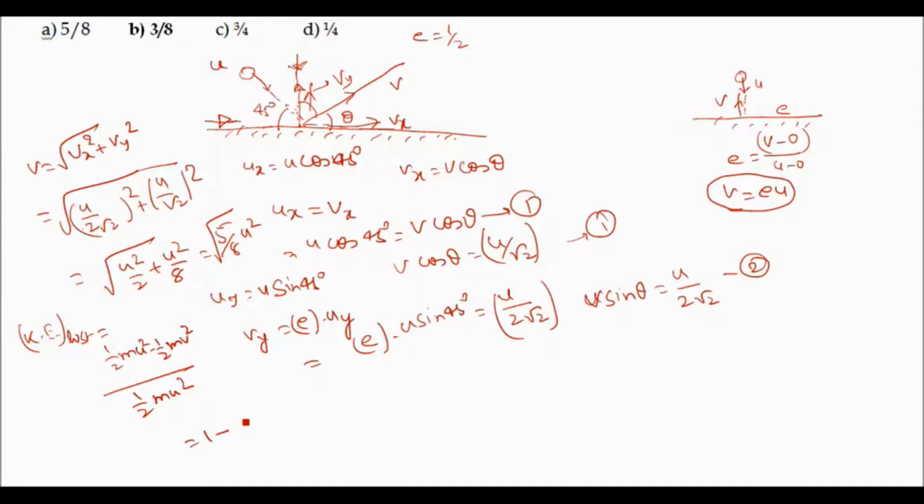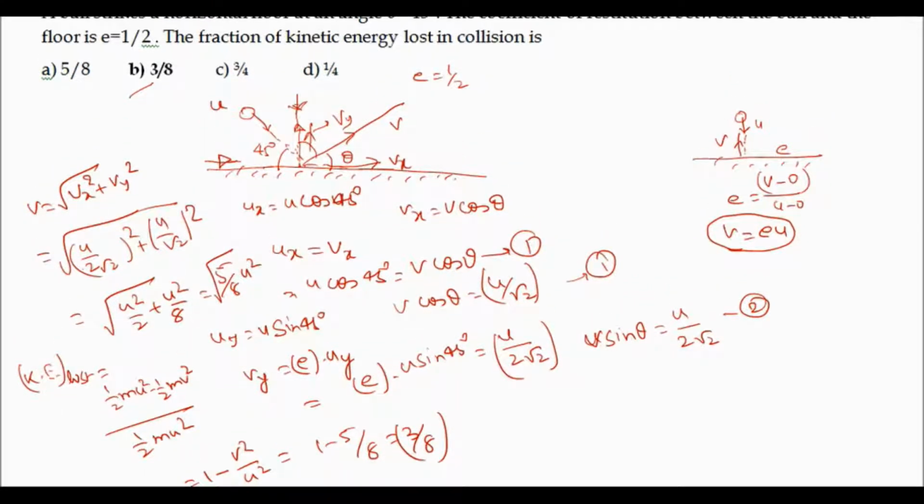It's equal to 1 minus v square by u square, and it comes equal to 1 minus 5 by 8, that is equal to 3 by 8. So the fraction of kinetic energy lost will be equal to 3 by 8, or the fraction of kinetic energy retained by the ball will be 5 by 8.